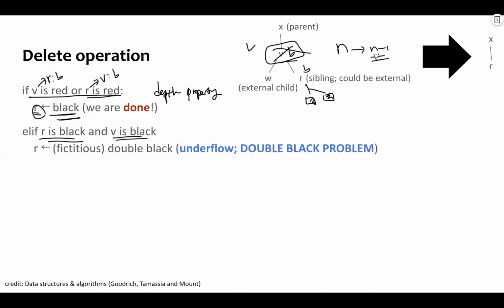And this violates the depth property, and we need to fix this problem. We call this problem a double black problem. And this corresponds to the underflow situation of 2, 3, 4 trees. Before we resolve this issue, we're going to mark R as double black because it should have one more black.